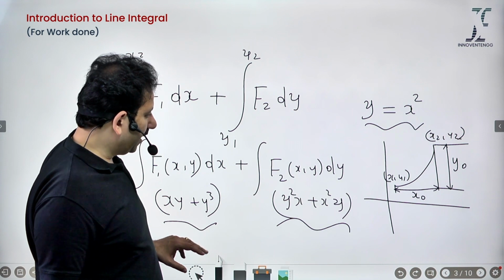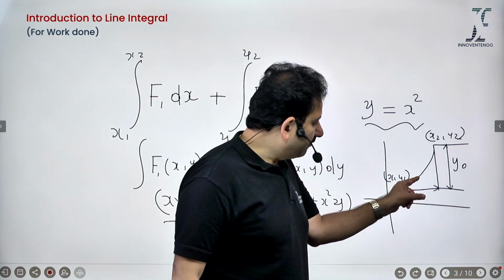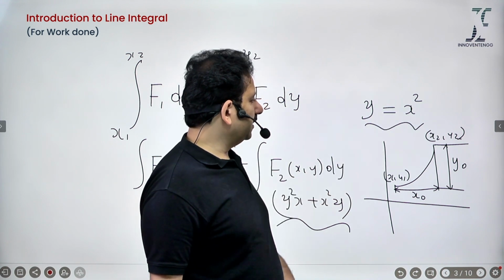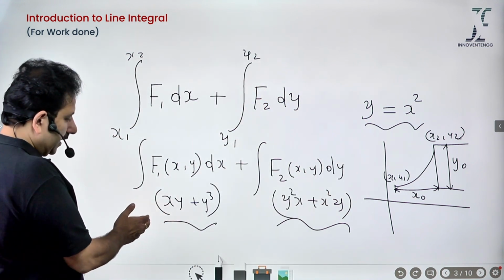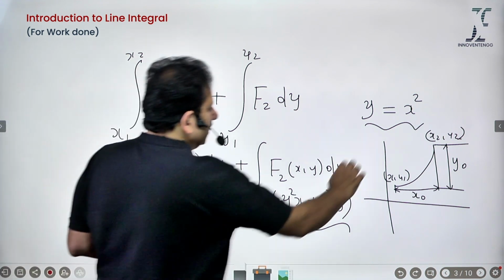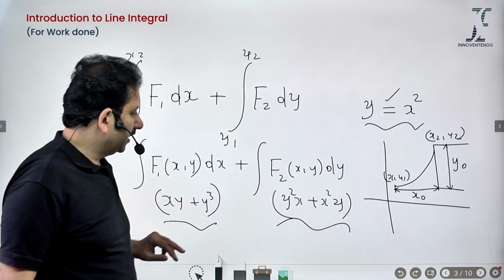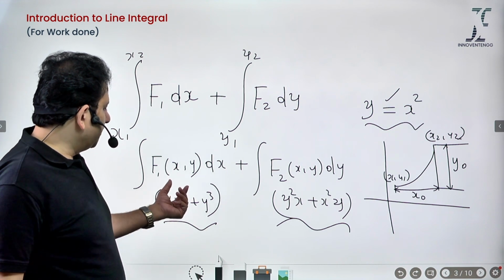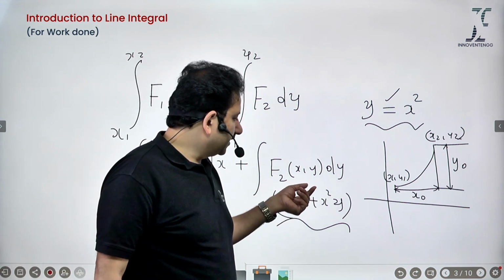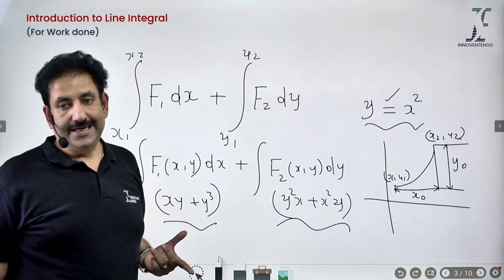For that to happen, at every point the force must actually obey the definition of this particular curve. That means your x and y in the force definition must be expressed using this relationship. Once you do that, you will be able to integrate, because you will have pure x terms and pure y terms. Then these two can be integrated.